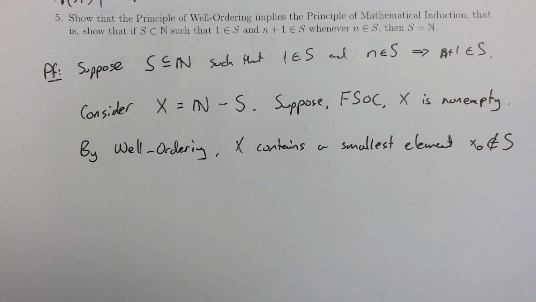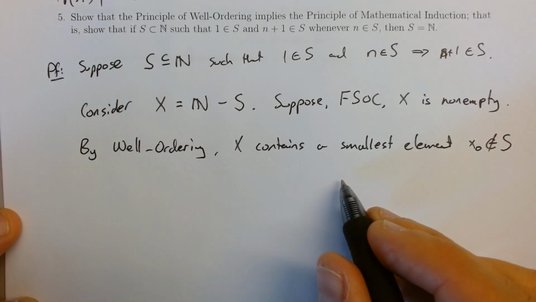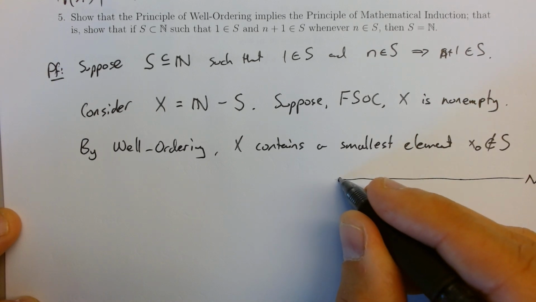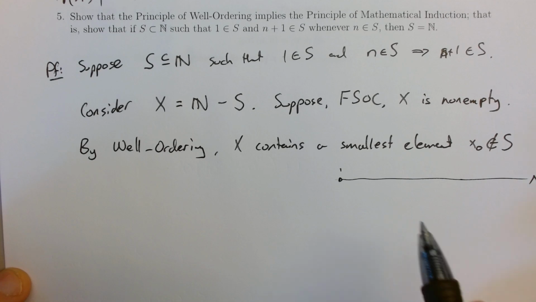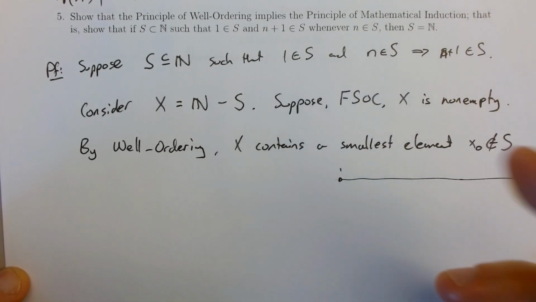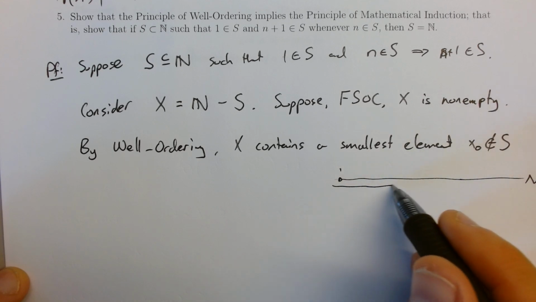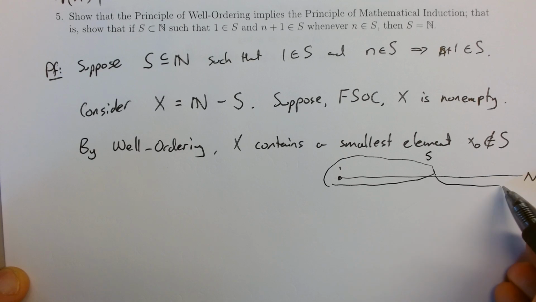But if that's the smallest element, then if I look one smaller than x0, then that must belong to S. So I want kind of a picture of what's going on here. This is all the natural numbers, starting at 1. Then we know 1 is in S. And so what we're saying is that S has to stop at some point. So S looks like this, and then X sort of takes over from here.